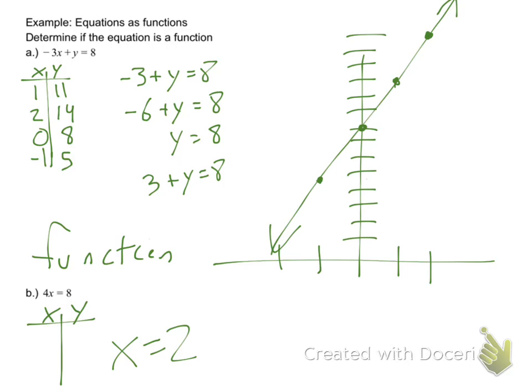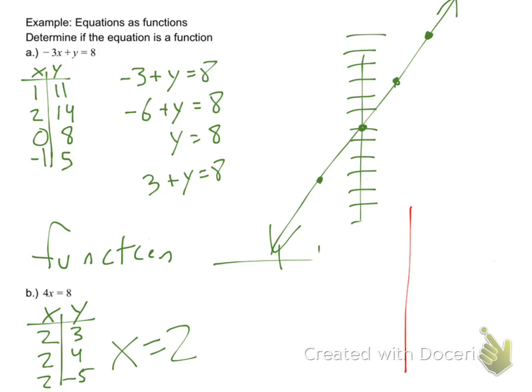Because x equals 2, so it means if x is 2, what can y be? Anything. Ooh, it can be a 3. If I put 2 in again, what can it be? 4. I put 2 in, it'll be a negative 5. Can you graph those? Yeah. Okay. I'm going to get this out of here so that we can get some room. (2, negative 5) is down here. (2, 4) is here, and (2, 3) is here.